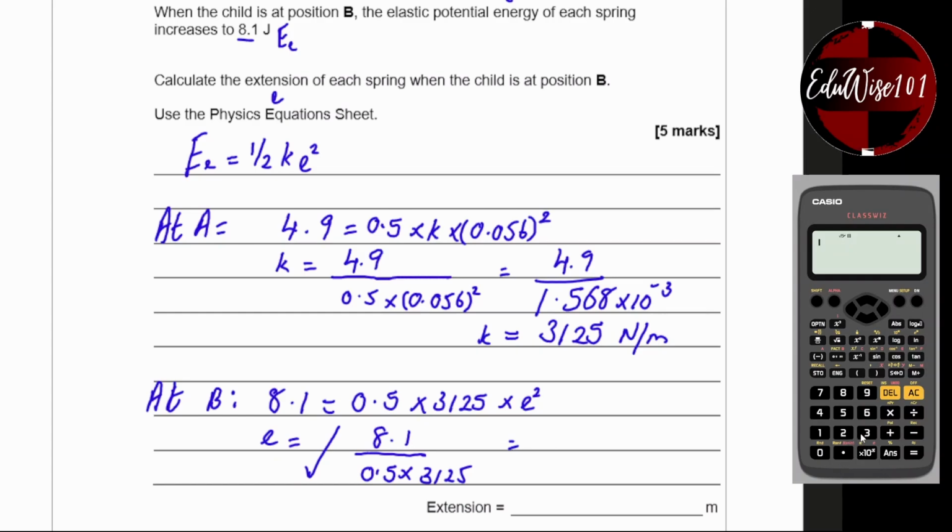So 3,125 times 0.5 is 1562.5. So 8.1 divided by 1562.5.